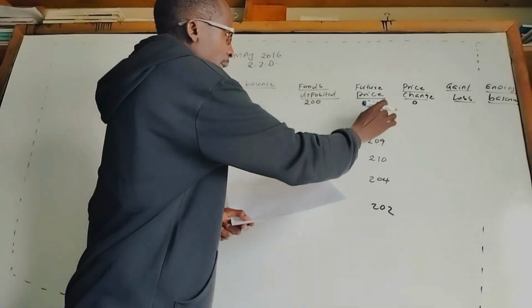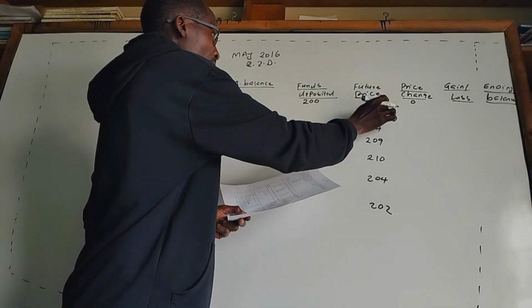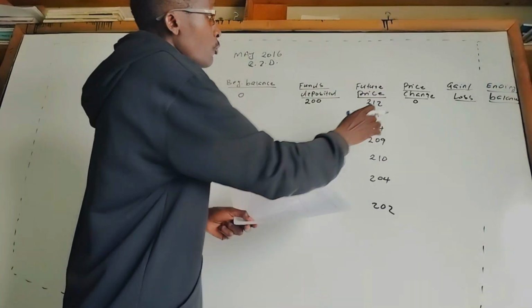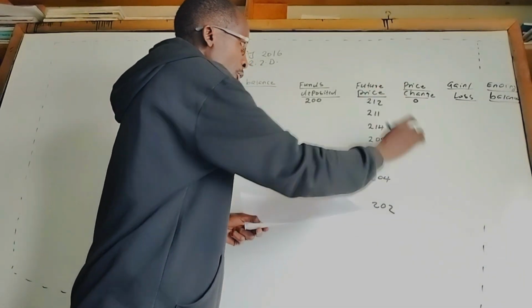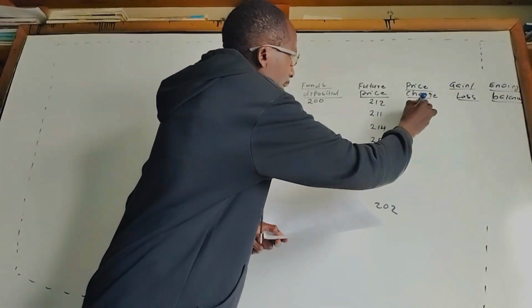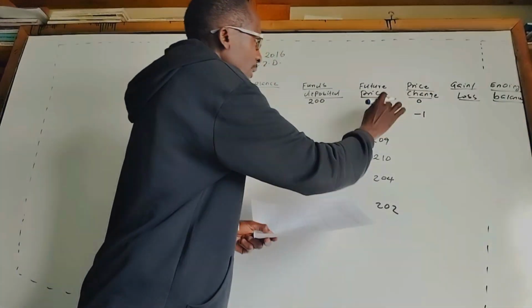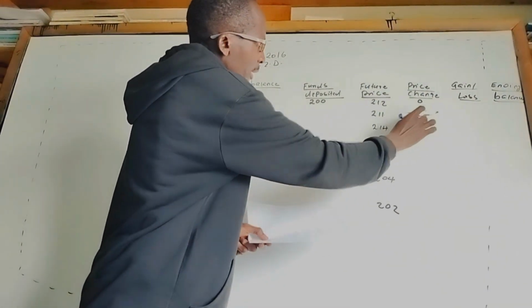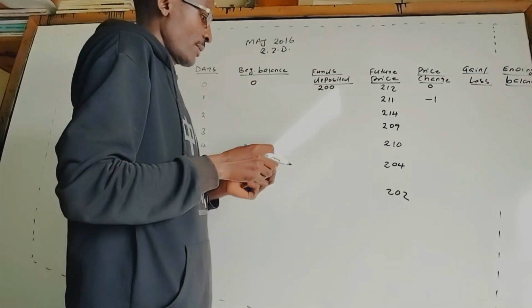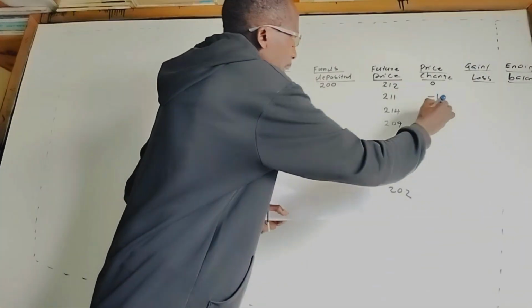Now from here to here, the price change is the difference between 211 and 212. So 211 minus this one is -1. Here, 214 minus 211 is 3.